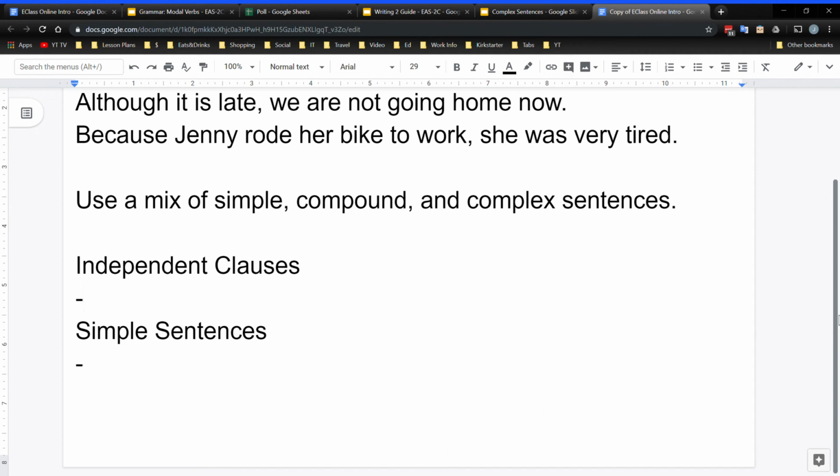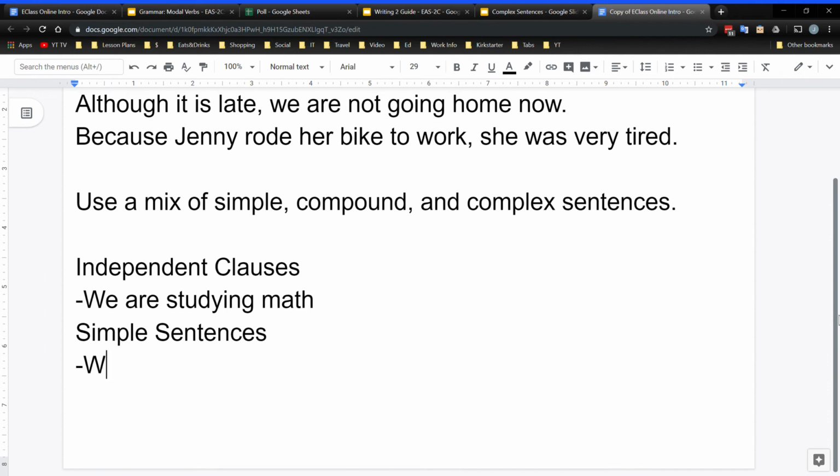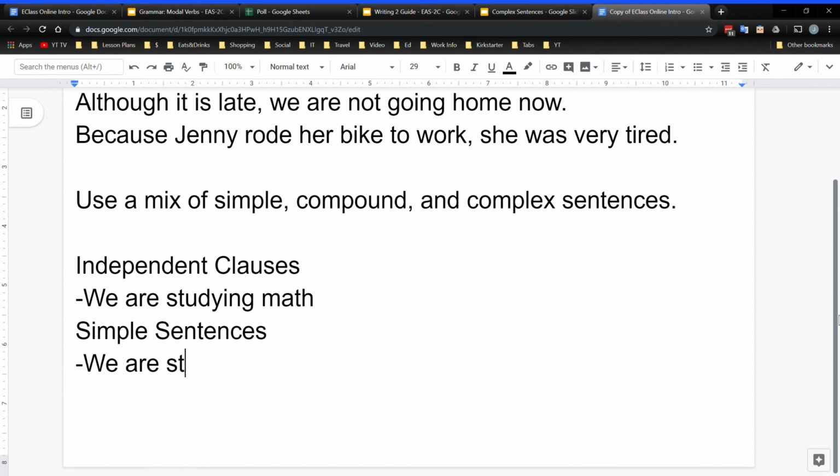So your independent clause might look like we are studying math. And your simple sentence could be exactly the same, just with an end mark or full stop, right? So exactly the same except the dot.